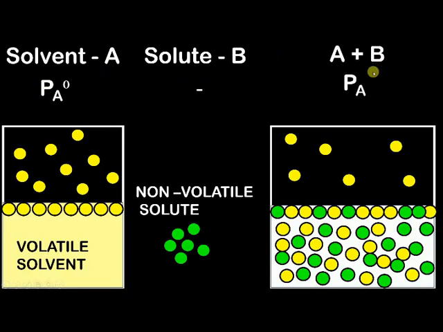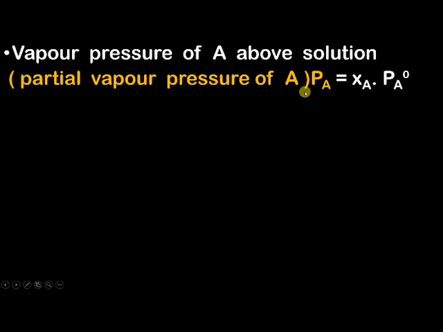Because as you can see, along with A there is B also present. Therefore, we use the term partial vapor pressure of A, and the symbol remains the same, PA only. So finally, can I say that PA will be equal to XA into PA naught. Let's name this equation number 1. Clear with this?